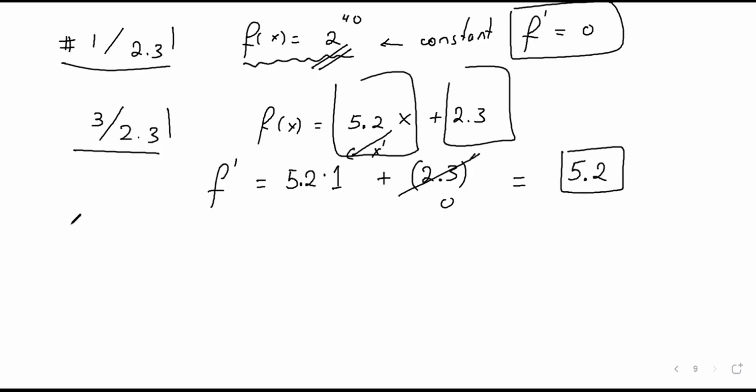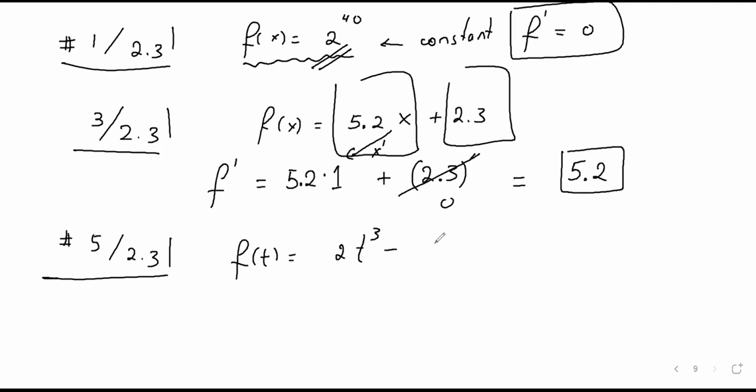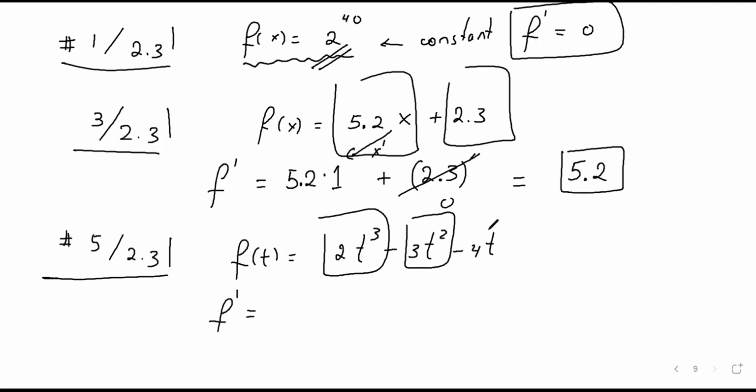All right, and finally, our last problem today will be problem 5 of 2.3, and that's going to be this one here, f of t equal to 2t cubed minus 3t squared minus 4t. How do we do this derivative? Well, exactly like we did earlier, there's a bunch of boxes here.